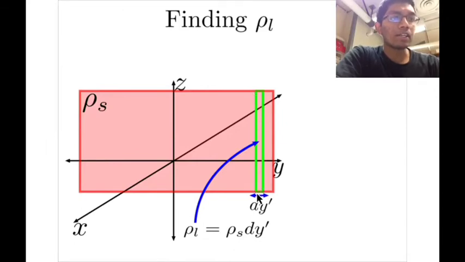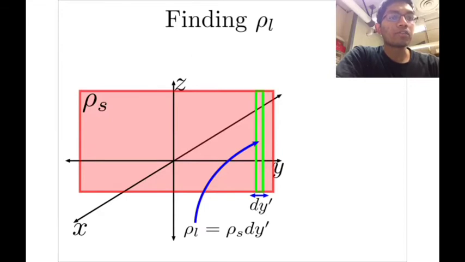Now you've cut a width of this line to be dy prime, and it comes out of this infinite sheet. So it makes sense to multiply the width of that line by this surface charge density for the whole shape just to get the charge density for that line. And the units match up.